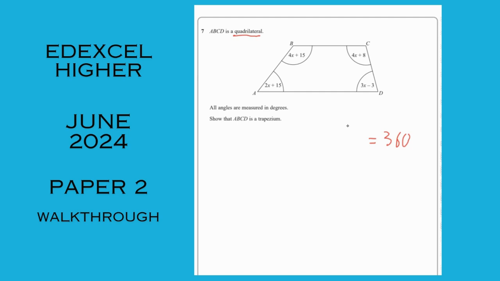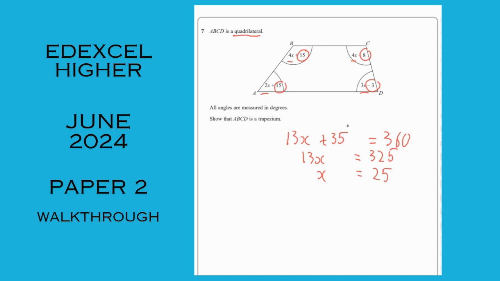So let's add them all up. 4, 8, 13 x's in total. 15, 30, 38, 35. So we've set it up. Let's solve it. We take away 35 from both sides and we divide both sides by 13.